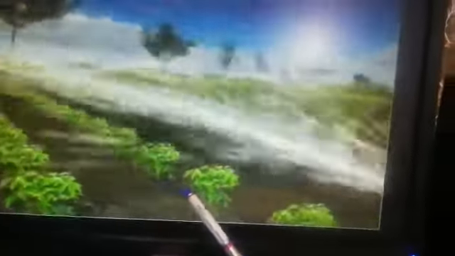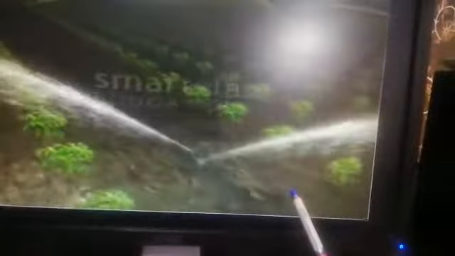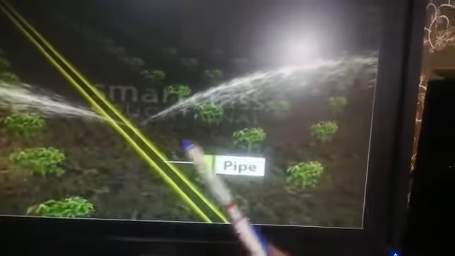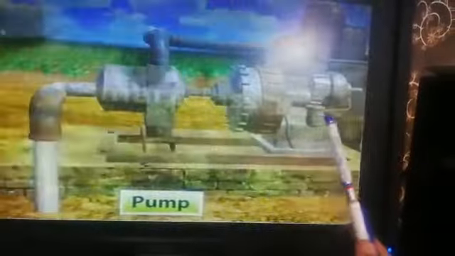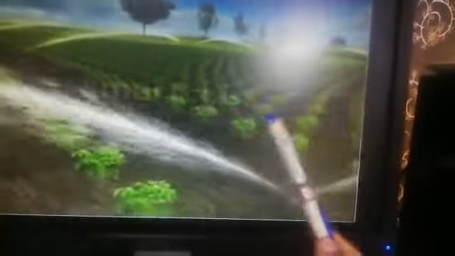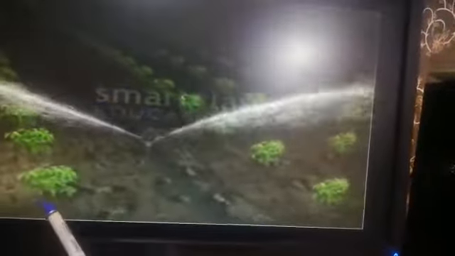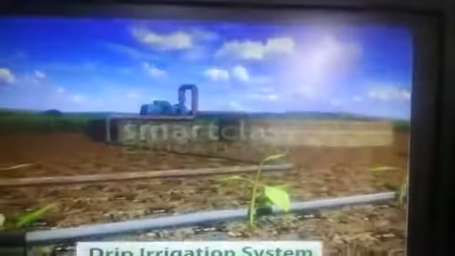We preserve water in the tank, and through the pipe or nozzles they throw water towards the baby plants. And they also use a water pump to throw water.